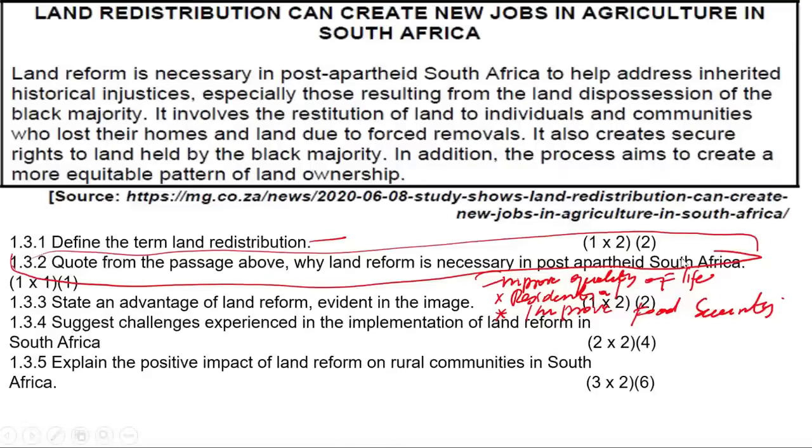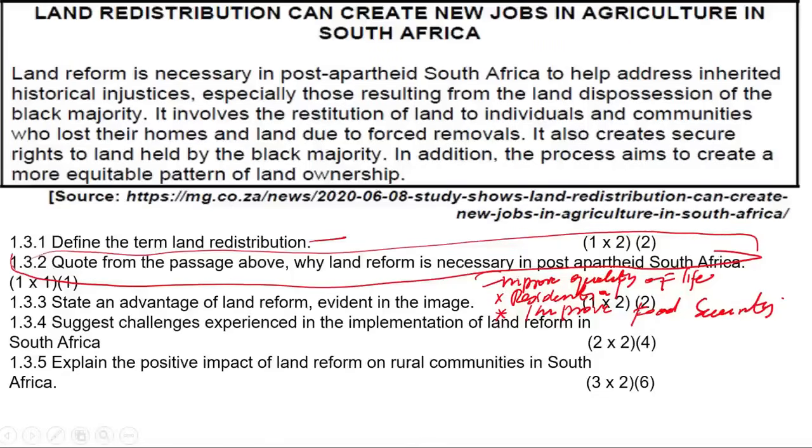Suggest challenges experienced in implementation of land reform in South Africa. These are the challenges that we have already stated, so it shows you the similarity. Dear learners, make sure that you understand everything you need to understand about land reform. You need to be able to define the three policies.